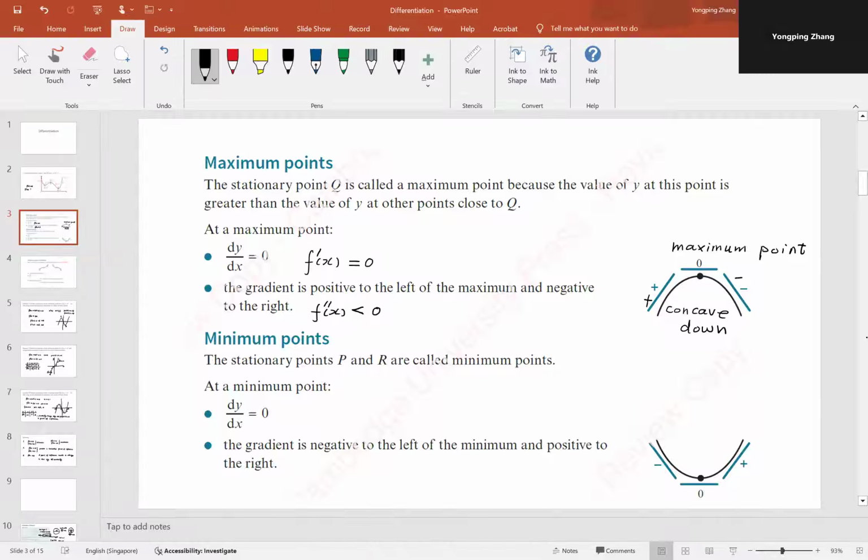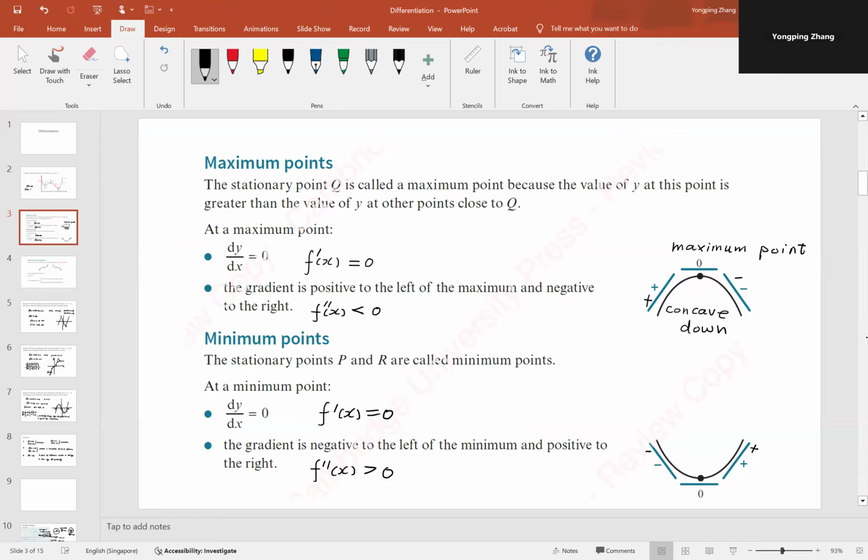For the minimum point, at the stationary point the first derivative equals 0. For this part the gradient is negative, and this part the gradient is positive. So the second derivative is more than 0.